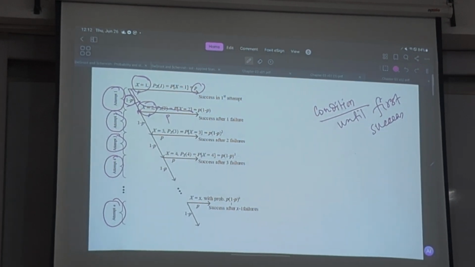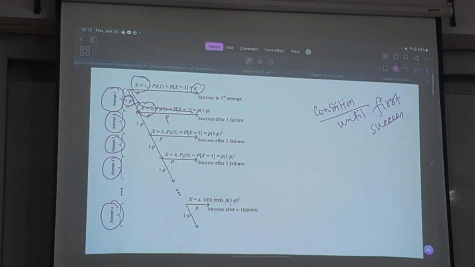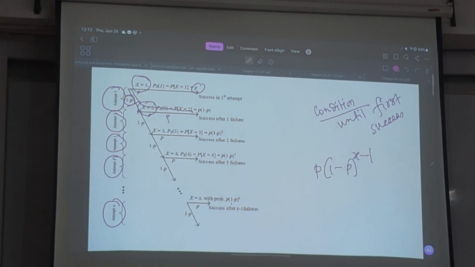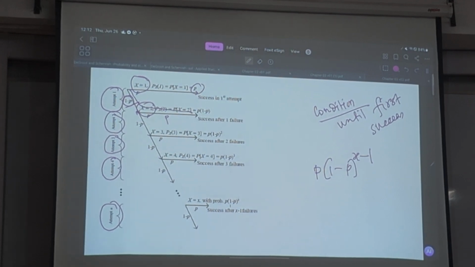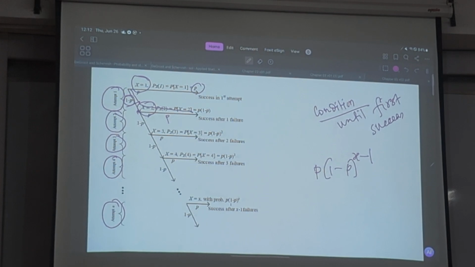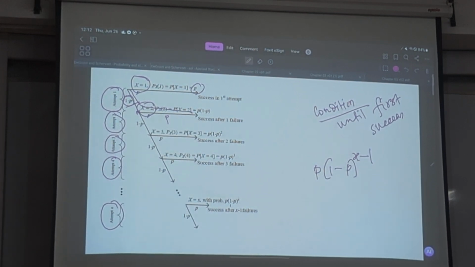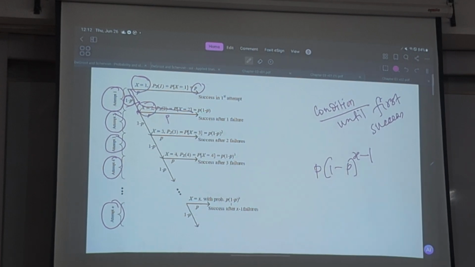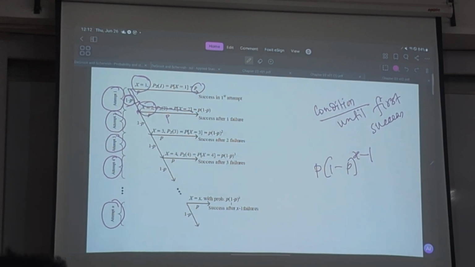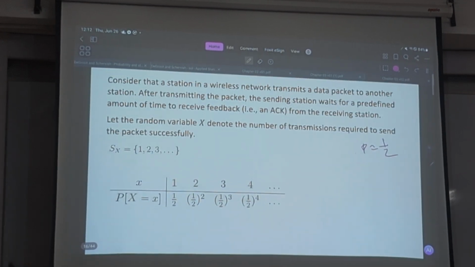By this way, we can see that the probability is p times 1 minus p to the power x minus 1. That means if you get the first success in the x-th attempt, it simply indicates there are x minus 1 failures, and after those failures you got the first success. Out of these x attempts, there are x minus 1 failures and 1 success.